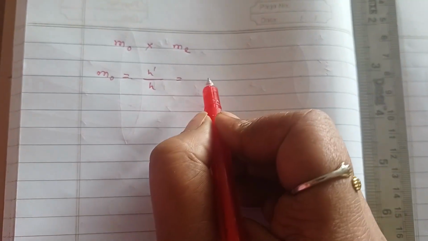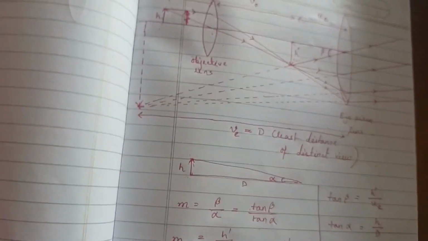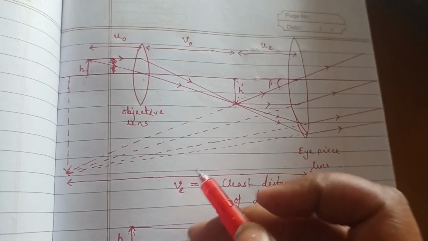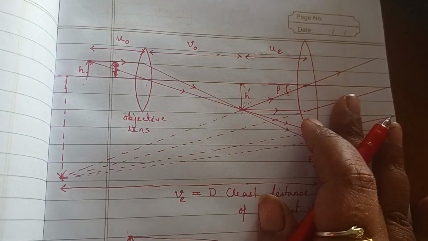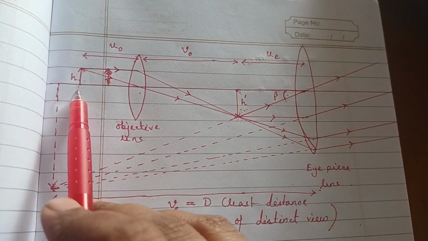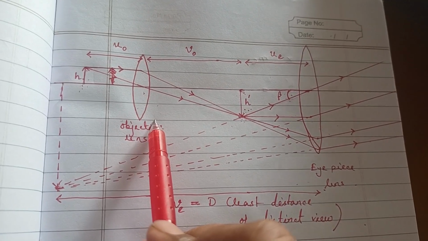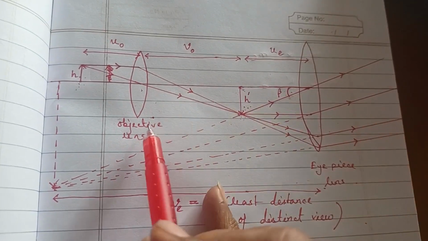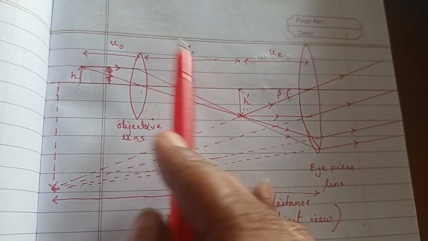H dashed by h. So from the diagram, if you look at the diagram one more time, see, h dashed by h, magnification of the objective lens. Another formula for the magnification of a lens is image distance by object distance.